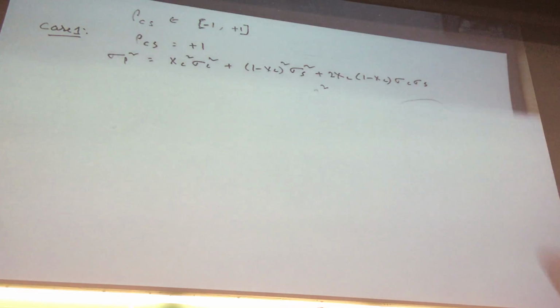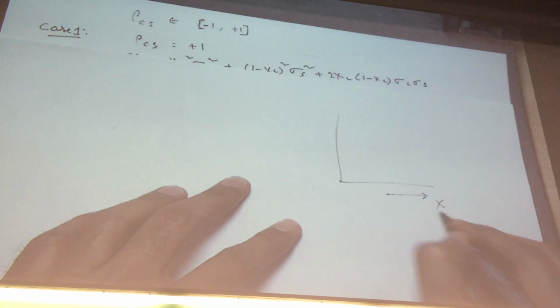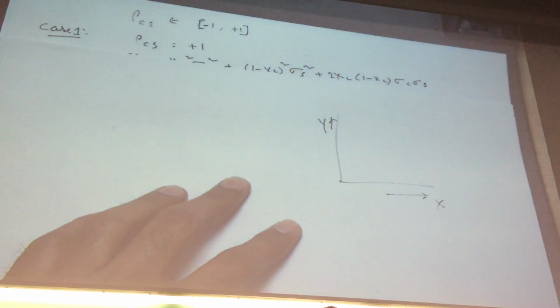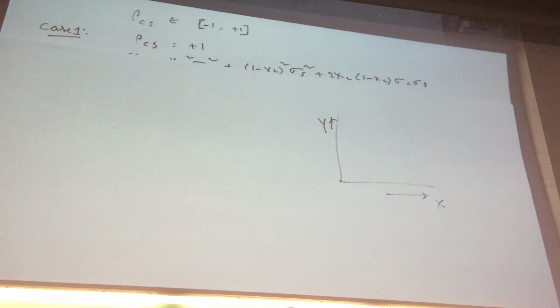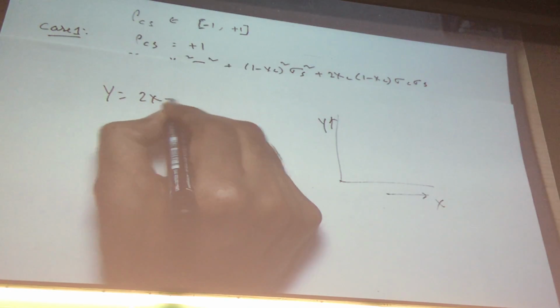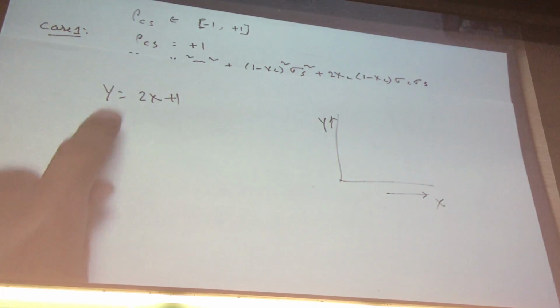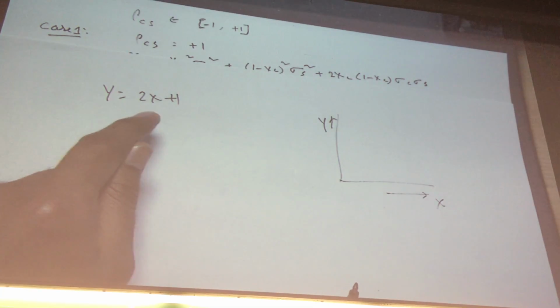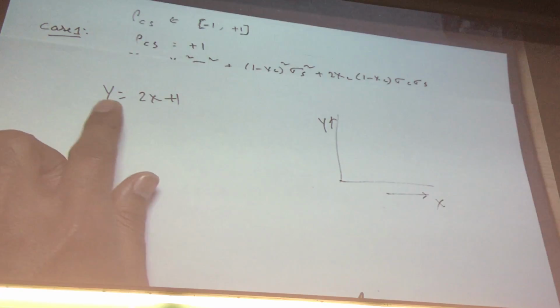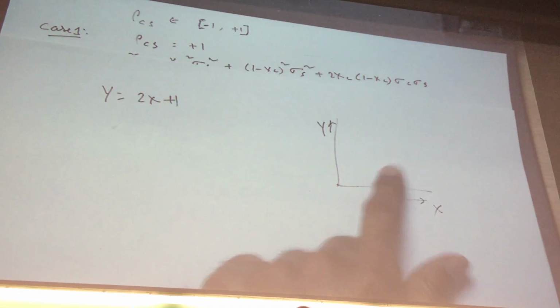What I am saying is, in the simple case, you have x and y. If I give you y equals to 2x plus 1, you know how to plot the graph. So the equation that I am giving to you should have y and x terms only. Then you are so comfortable to plot the graph.